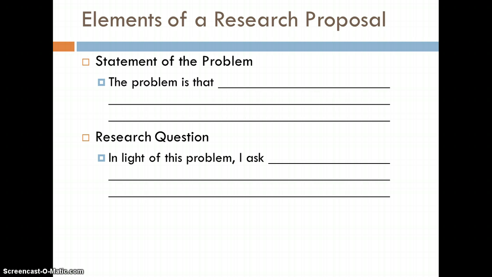Yeah, that would be maybe a little too simple. Why do girls in the 8th grade outperform boys on science achievement tests in Saudi Arabia? Right? So you can play with it, but you want to make one statement of your question. Write it down in light of this problem I asked, then take time later to go back and tweak it.